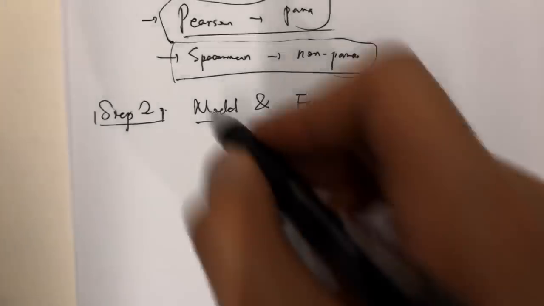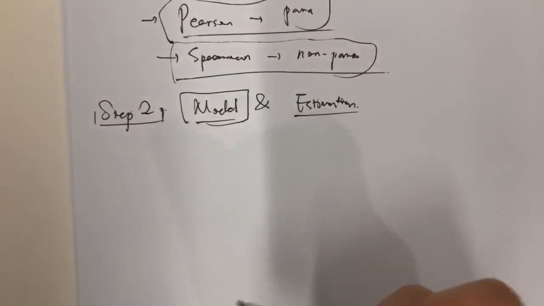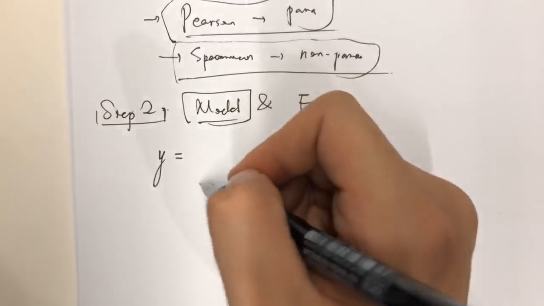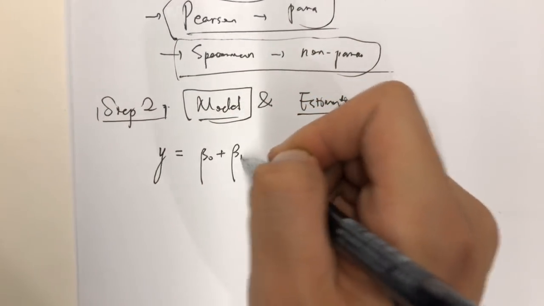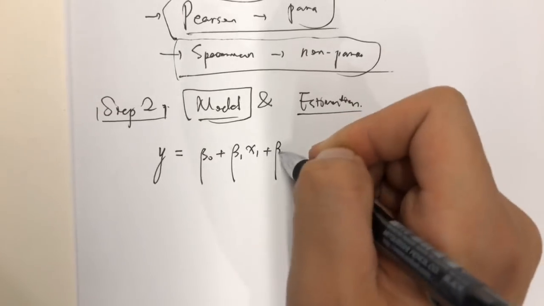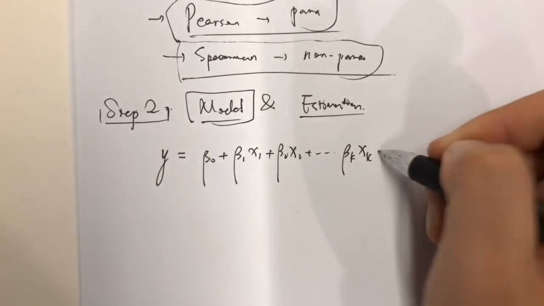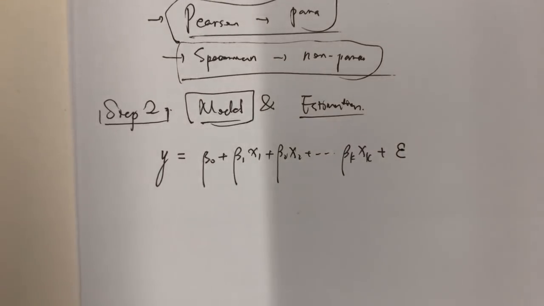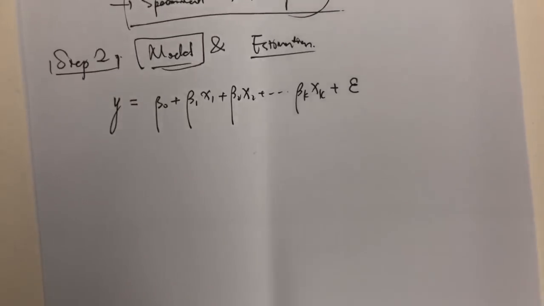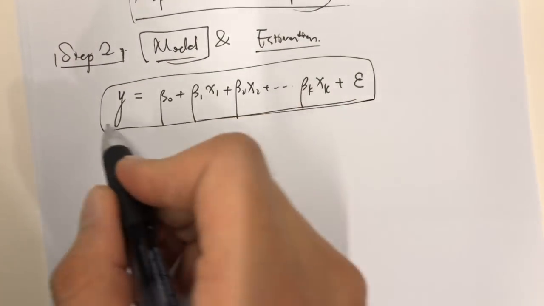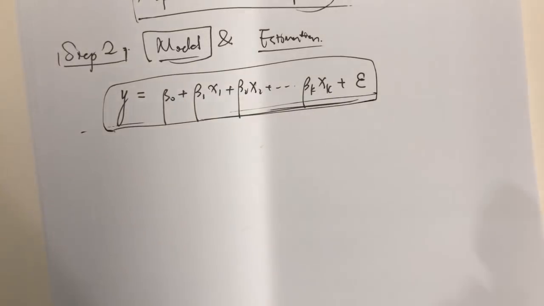When we talk about a statistical model or linear regression model, it is constructed by y equals beta 0 plus beta 1 x1 plus beta 2 x2 plus and so on, plus beta k xk plus an error term, which is epsilon, right? Okay, so this is what we call a model, and it's like a population regression model, right?